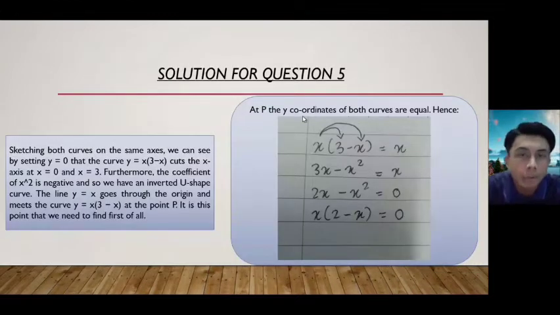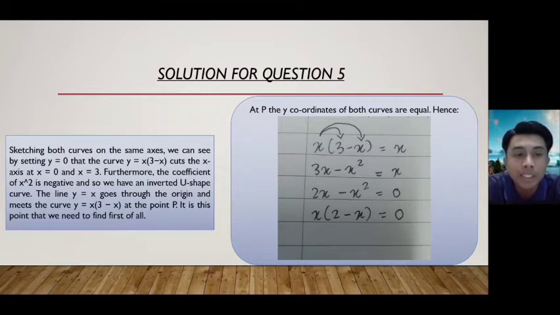Okay guys, so what is the solution for this question? First, sketching both curves on the same axes, we can see by setting y equals 0 that the curve y equals x(3 minus x) cuts the x-axis at x equals 0 and x equals 3.